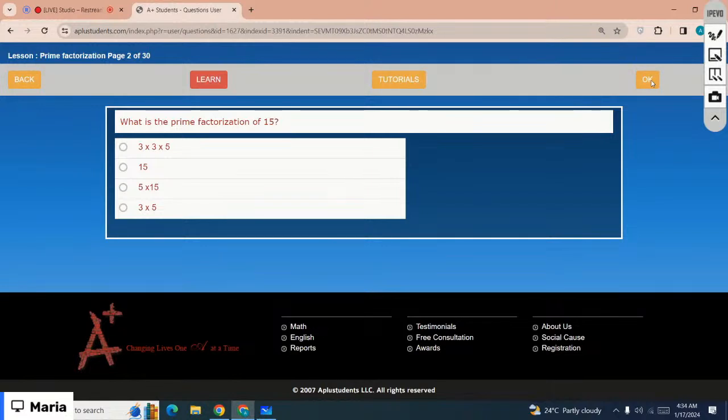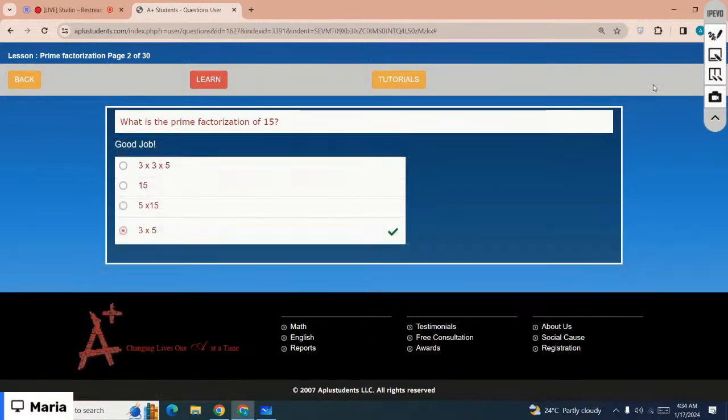That is 3 times 5. The correct option is 3 times 5.